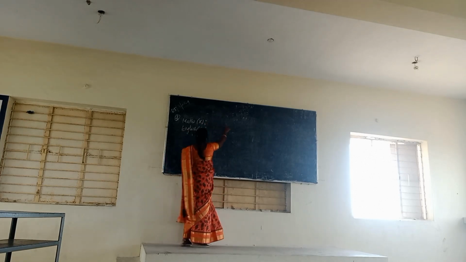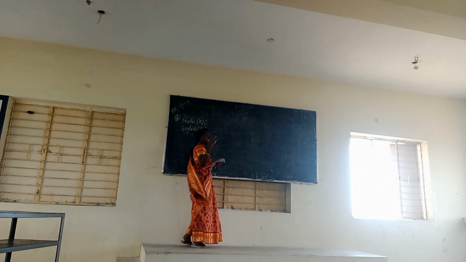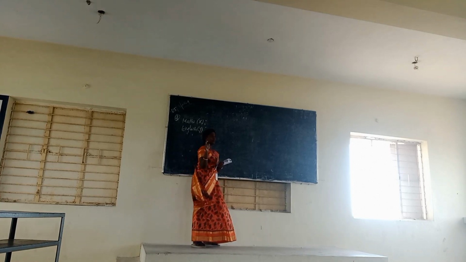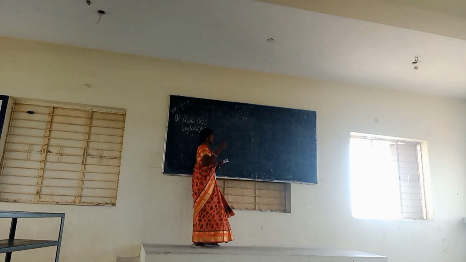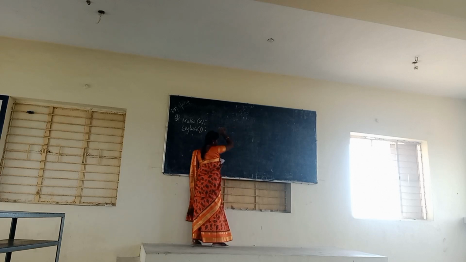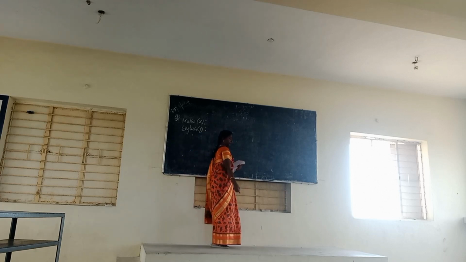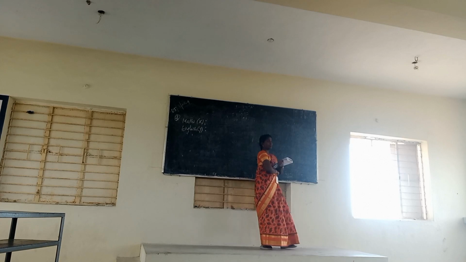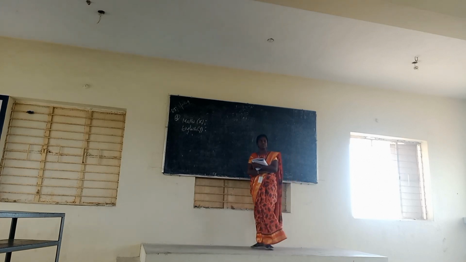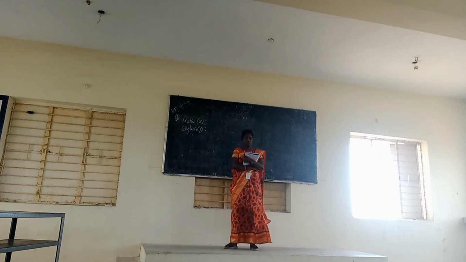Write down the list of the maths marks first. 76, 90. Write like this, maths marks alone. 76, 90, 98, 69, 54, 82, 67, 52.